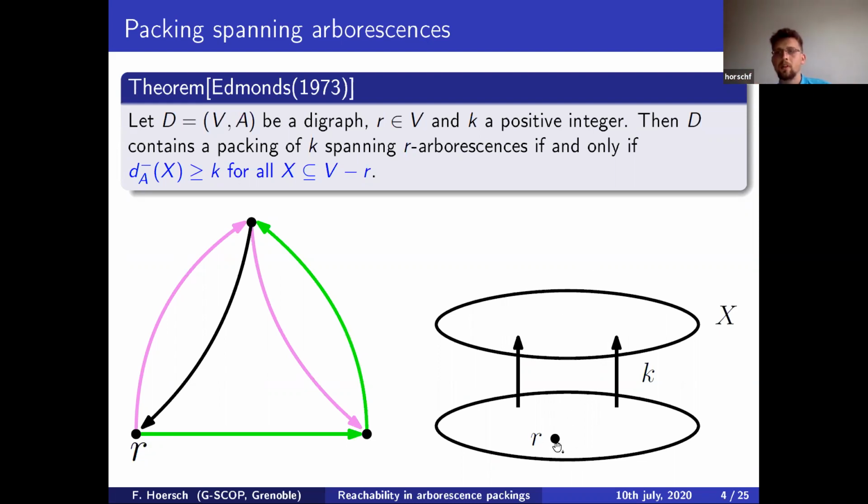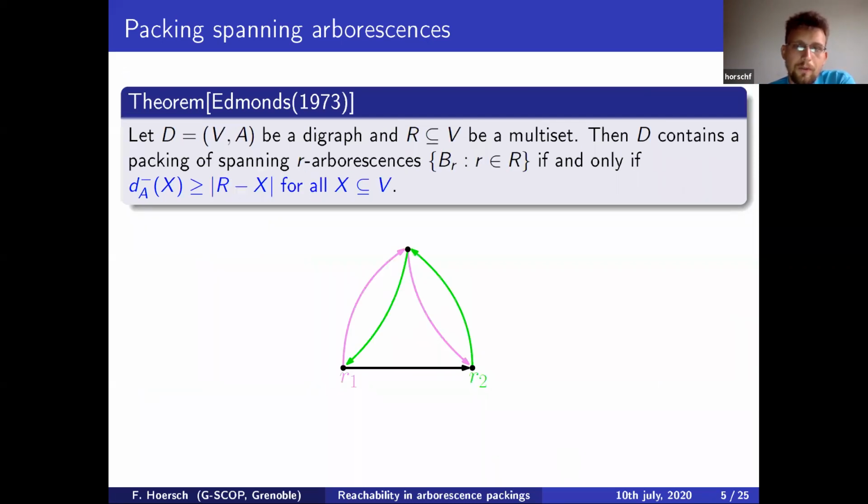That can easily be seen because every arborescence has to span the vertices in X. And the arborescence starts outside, so it has to come in some way. So I need at least 1 arc entering for every arborescence. Okay.